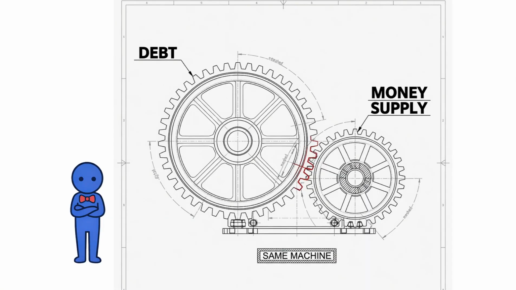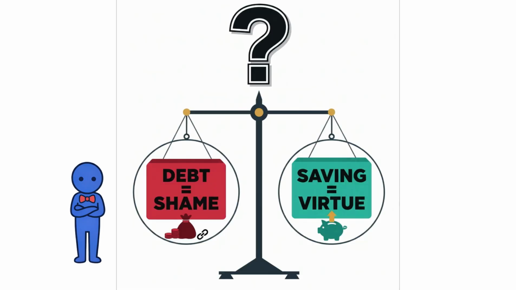Second, recognize that debt is not simply a personal failure or a moral weakness. In the structure of the modern economy, debt is the mechanism through which money is brought into existence. That does not make debt consequence-free. It does make the common cultural narrative that debt is inherently shameful and that saving is always virtuous an incomplete picture of how the system actually operates.